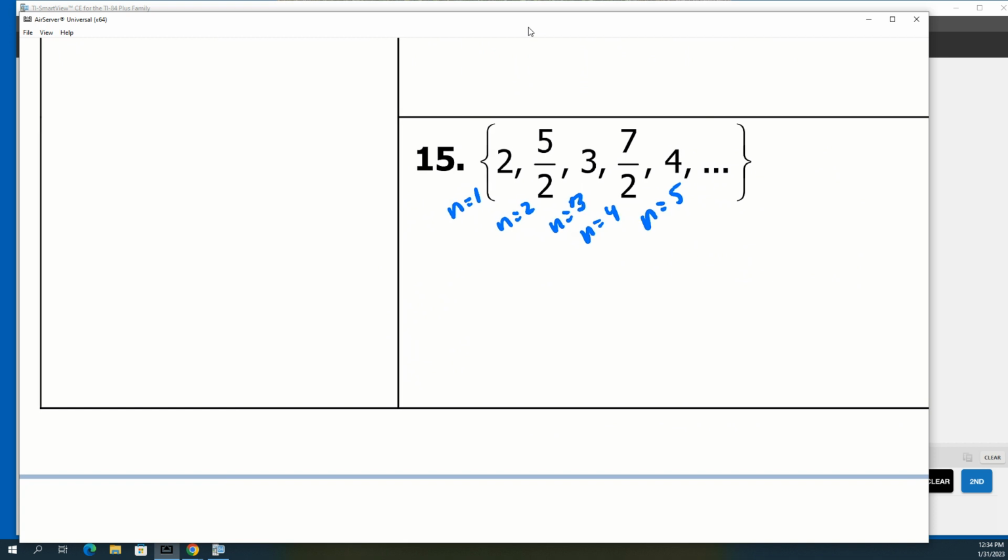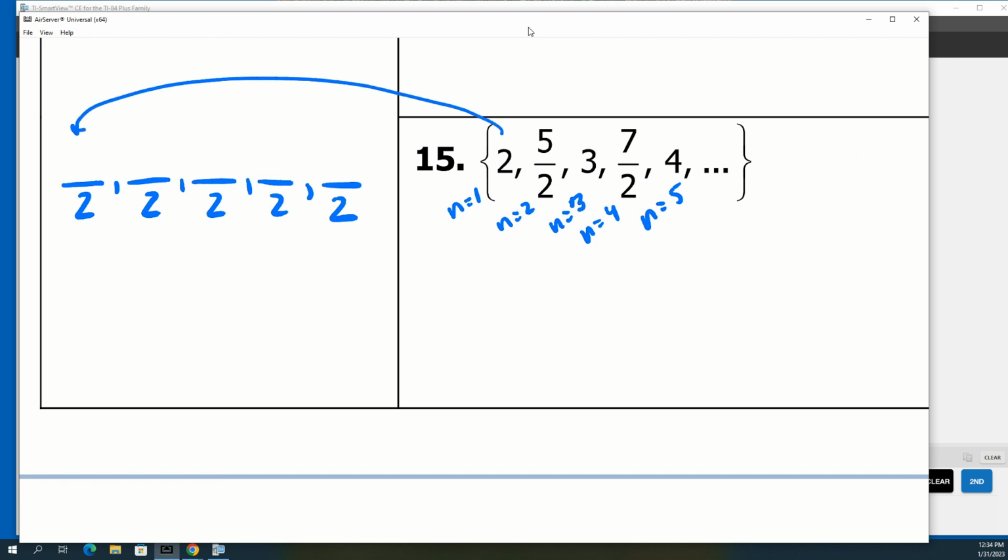I'm going to give you a little bit of a hint over here. On all of these, they're all something over 2. Okay, this one's obviously 5 over 2. This one's 7 over 2.